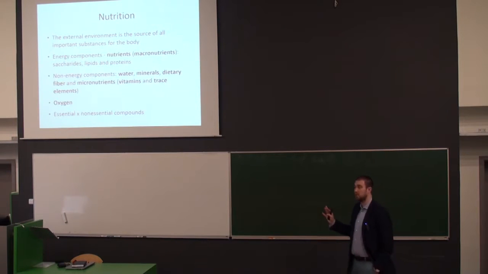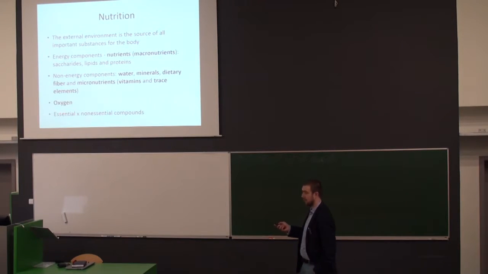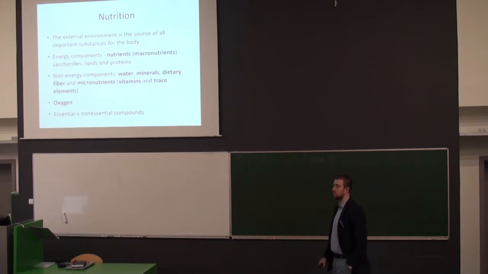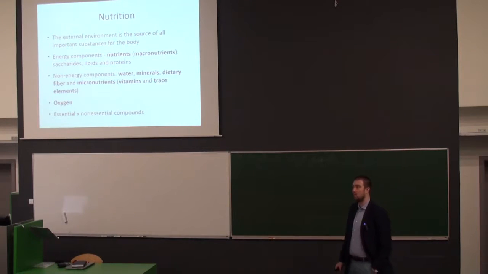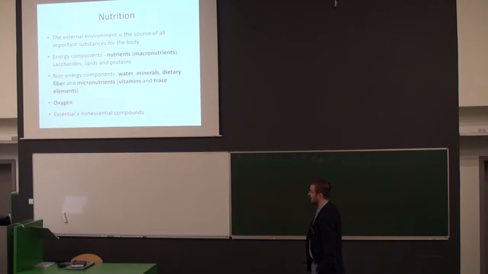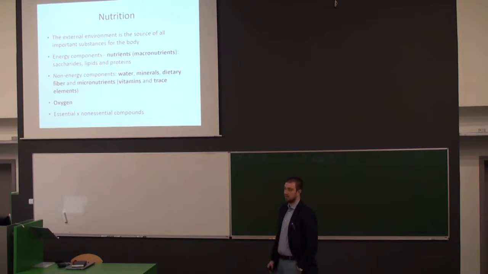Not all compounds that we have in diet are essential to us. As you know, the difference between essential and non-essential means that non-essential compounds we can produce in our body. Essential compounds we cannot produce in our body.